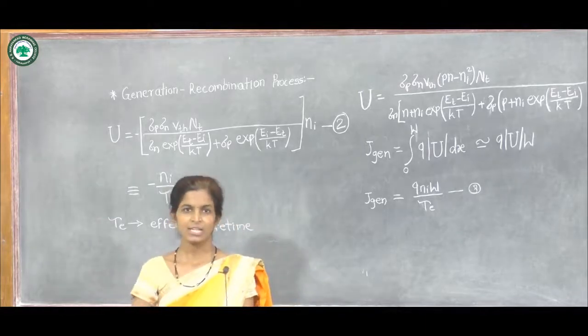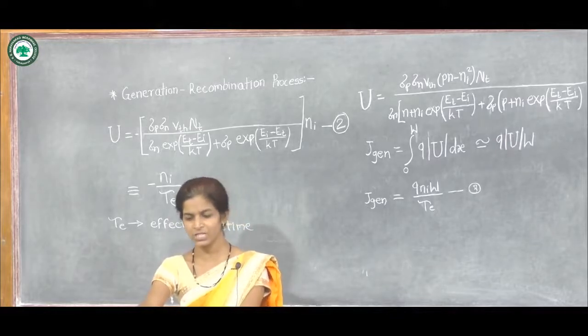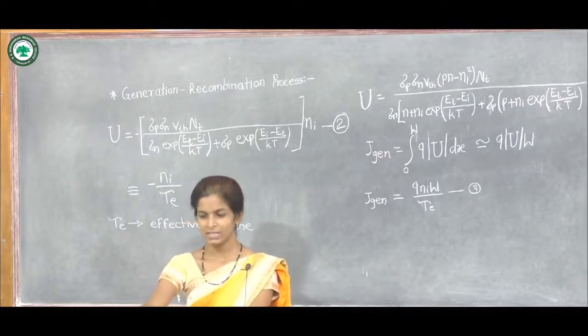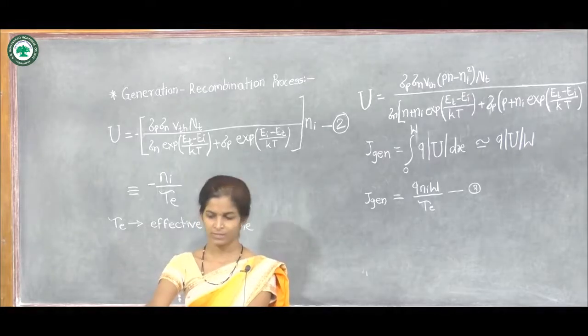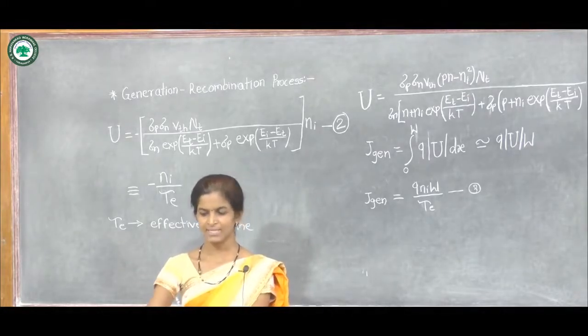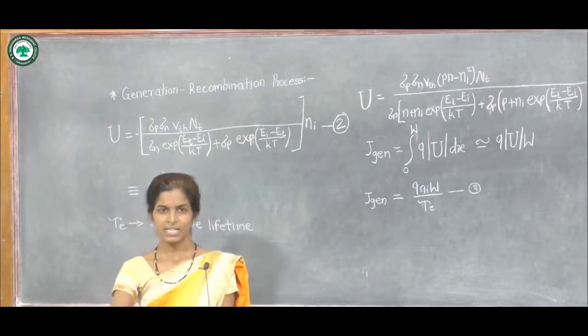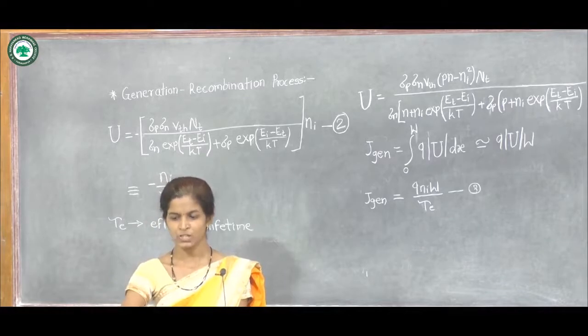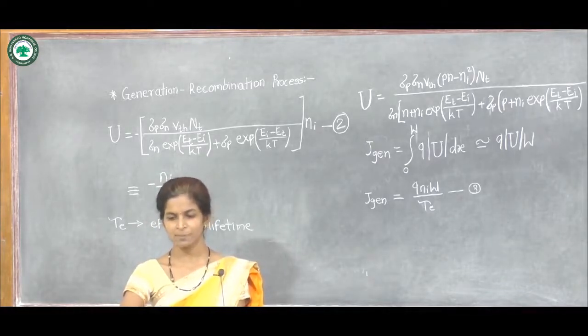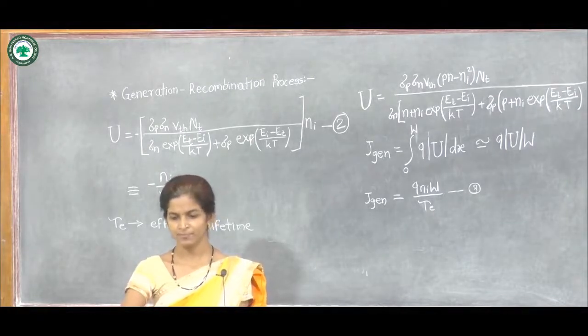If the effective lifetime is a slowly varying function of temperature, the generation current will then have the same temperature dependence as ni. At a given temperature, J generation is proportional to the depletion layer width, which in turn depends on the applied reverse bias.